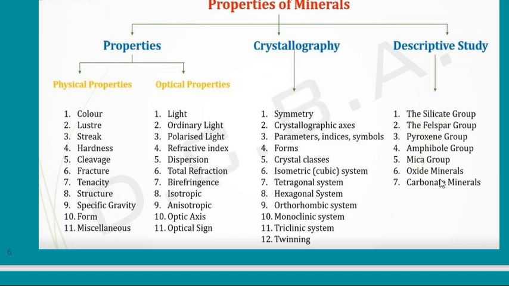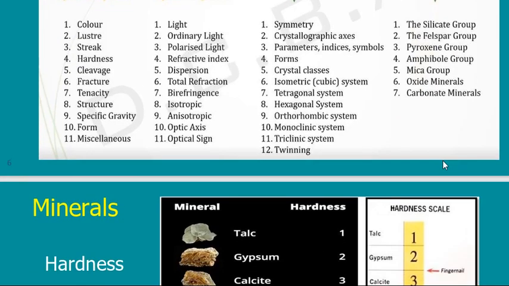They say that all of these minerals have something in common. So we call it, say, the silicate group, because they all have silicate mineral in them. Then there is the feldspar group, and so on. So carbonate minerals and so on.